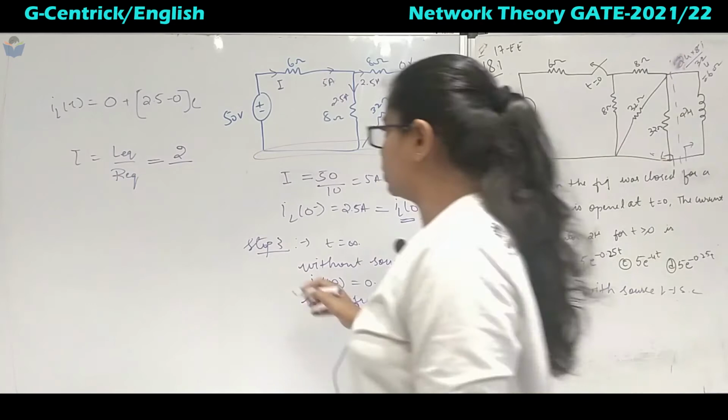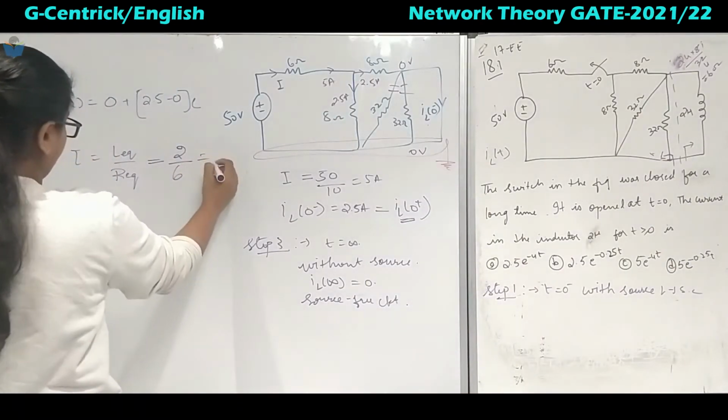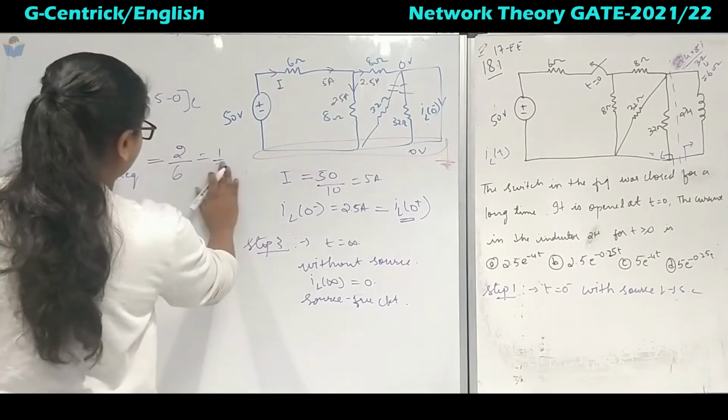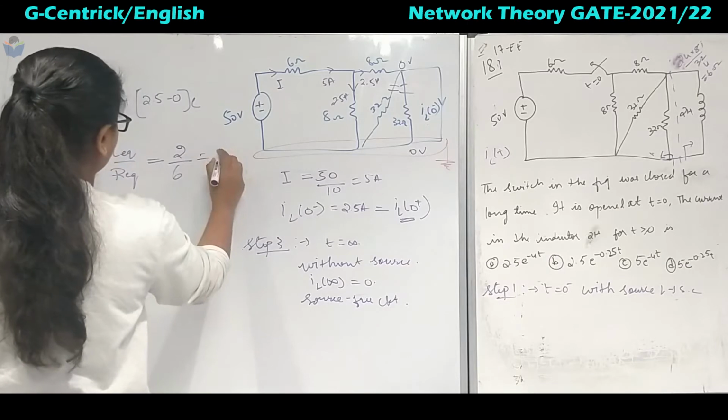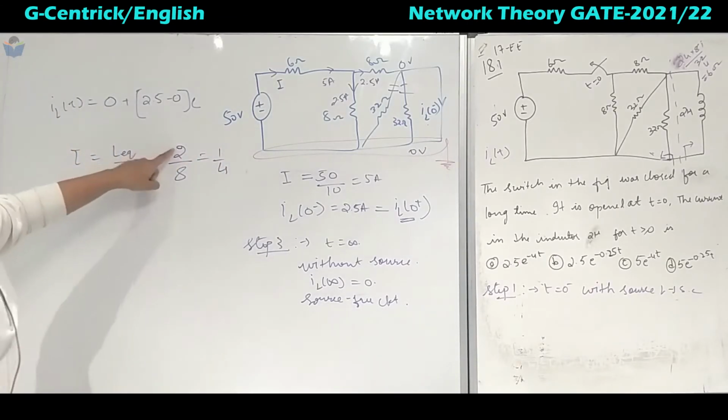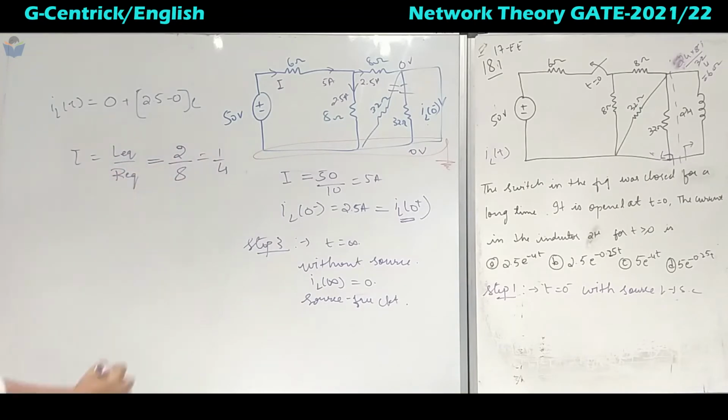So 6 ohms, we will write it here, which is again 1 by 3. Now I think it will be 4 ohm, 4 ohm. So this is 8, 2, 1, yeah, 1 by 4 seconds.